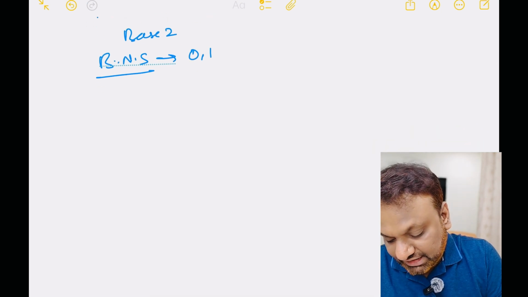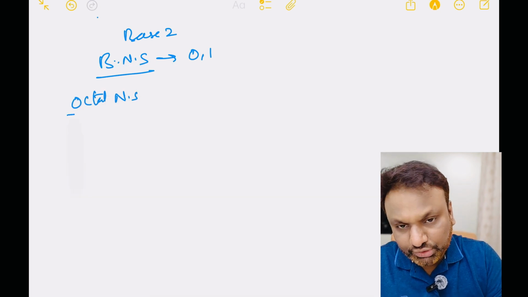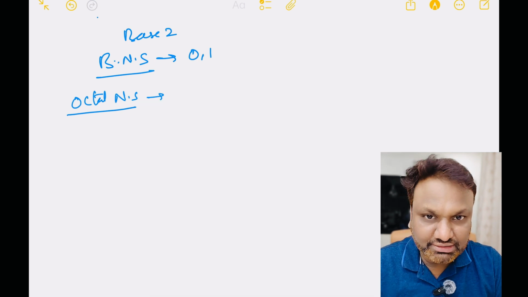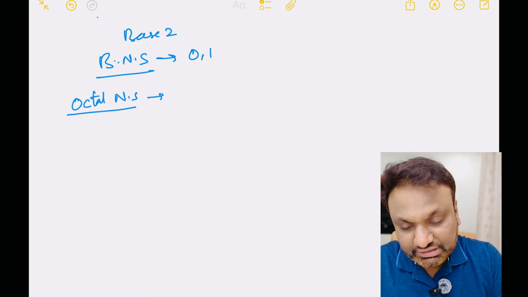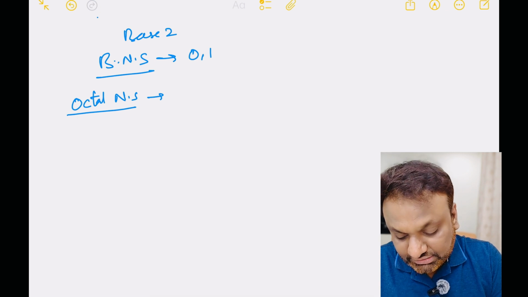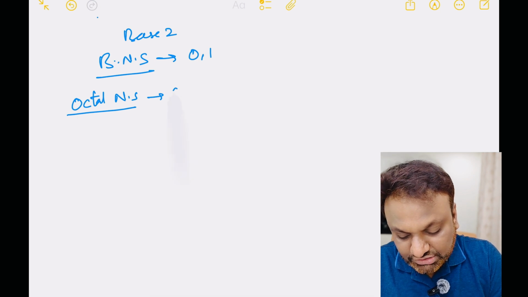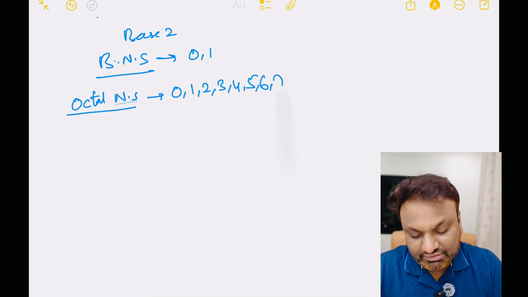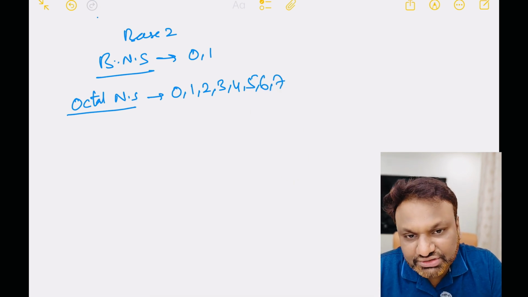Similarly, if I take the octal number system, I will tell you in brief how those numbers are formed. The octal number system is also called the base 8 number system, and the numbers used here are 0, 1, 2, 3, 4, 5, 6, 7. Any other number formed in the octal system will be a combination of 0 to 7 only.